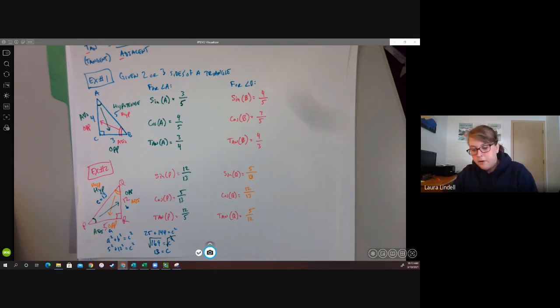If you're in the habit of using a cell phone calculator, those are not the most amazing for trig functions unless you download an app. If you want to download like the Desmos calculator app, that will work on your phone pretty well. But using just a standard iPhone calculator gets a little bit confusing when you're doing sine, cosine, and tangent because of the order that you have to type things being a little bit weird. It's doable, it's just very prone to making mistakes.